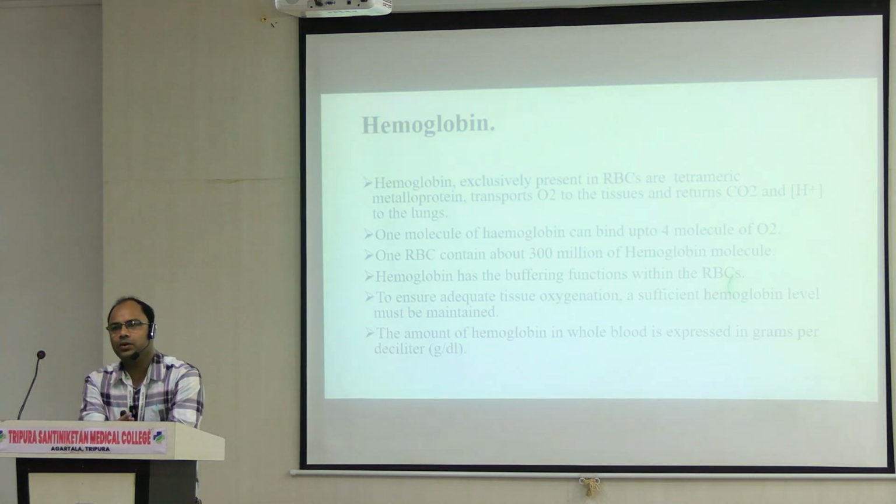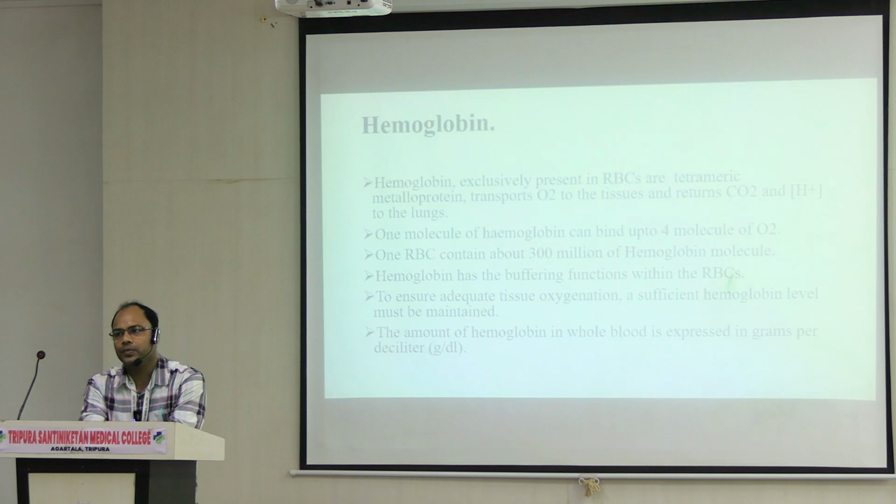One RBC has nearly 300 million hemoglobin molecules. Okay. So, and one hemoglobin molecule carries 4 oxygen molecules. So, if you calculate, one RBC can carry 1.2 billion oxygen molecules.